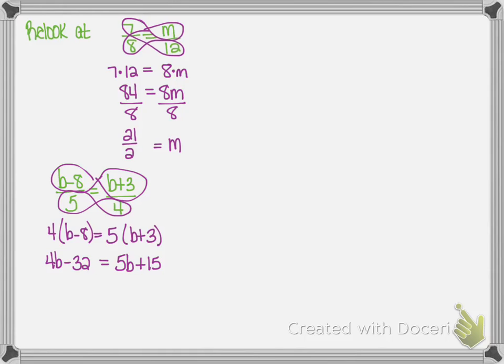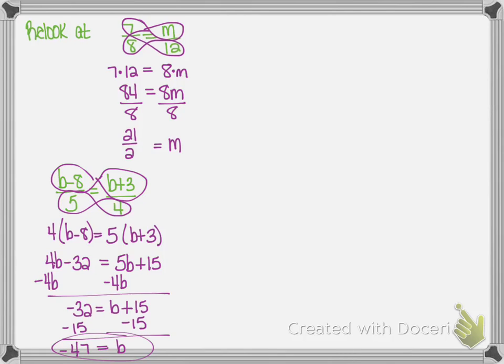Just using our steps for solving equations, we can subtract 4b from both sides. When we do so, we get negative 32 equals b plus 15. Next, we can subtract 15 from both sides, and then we find that b equals negative 47. Okay? So there's an example where cross products may be the better method.